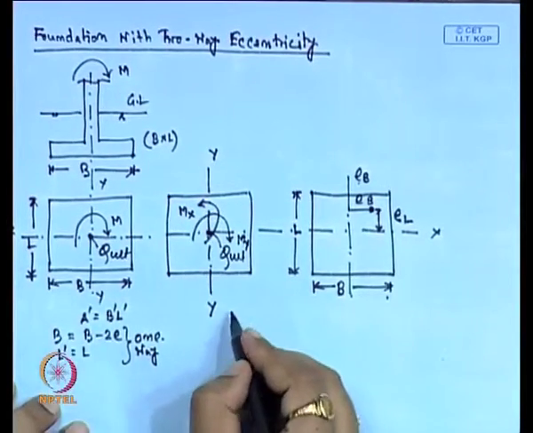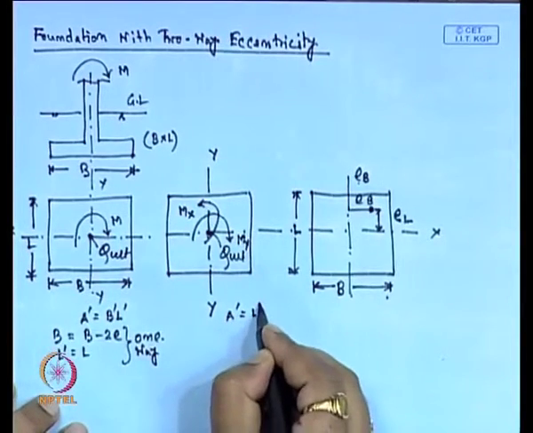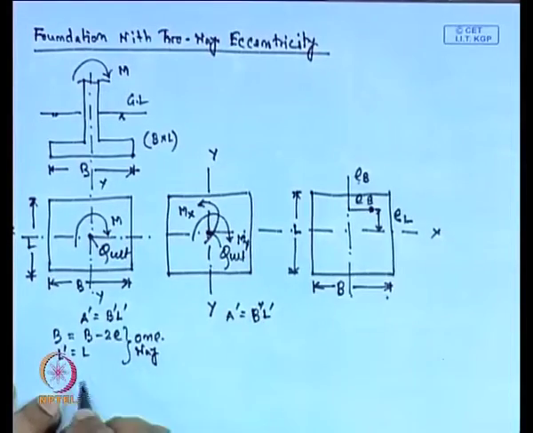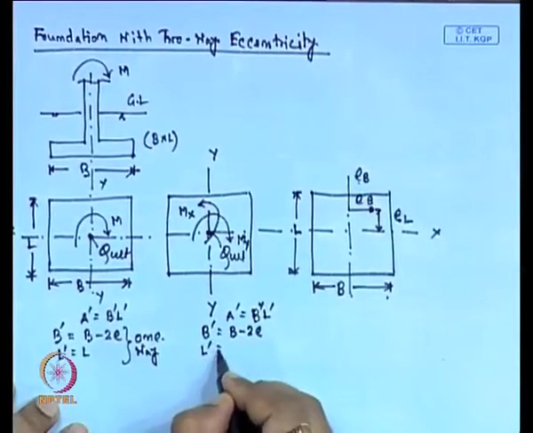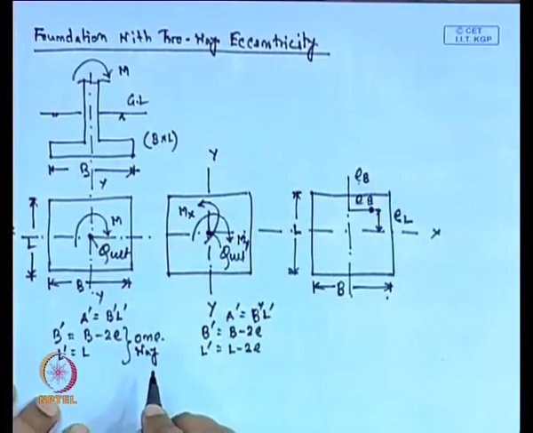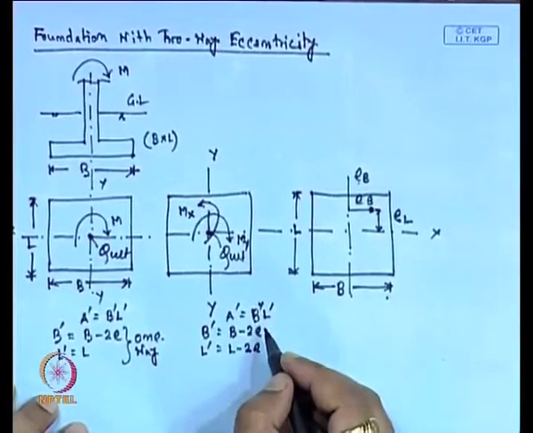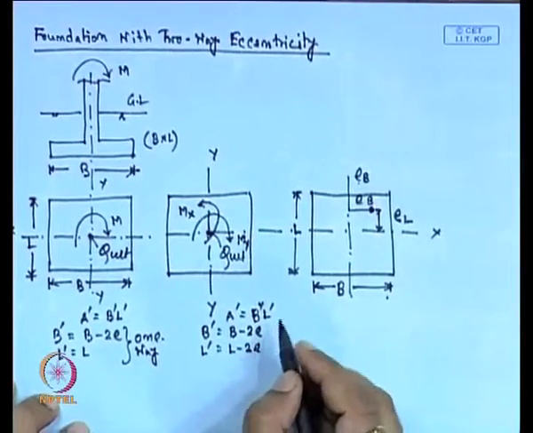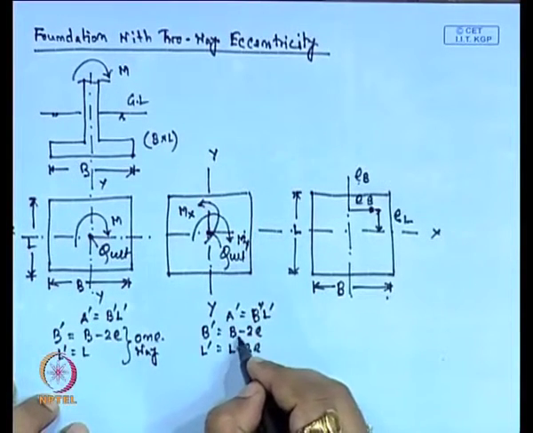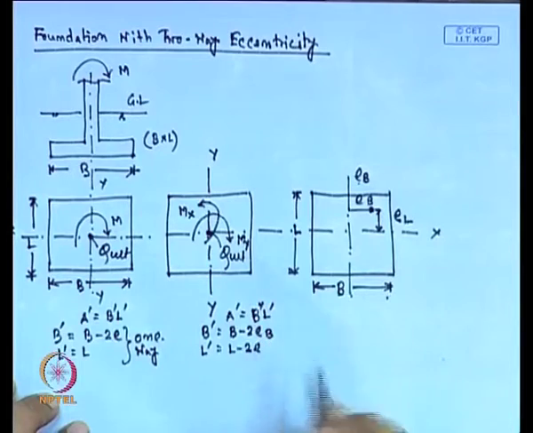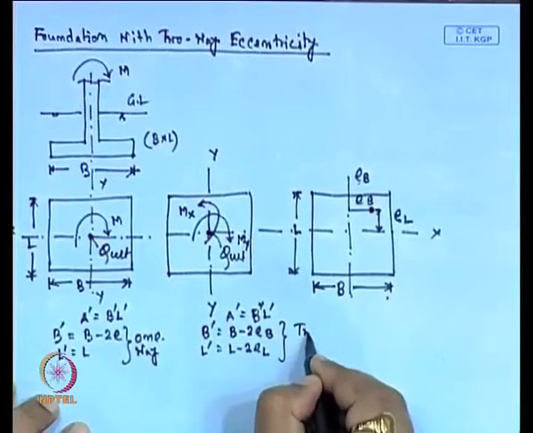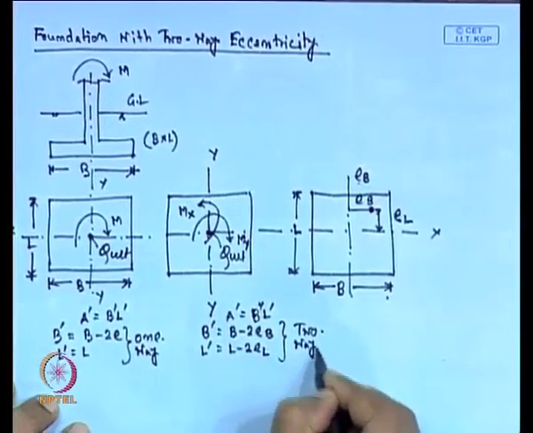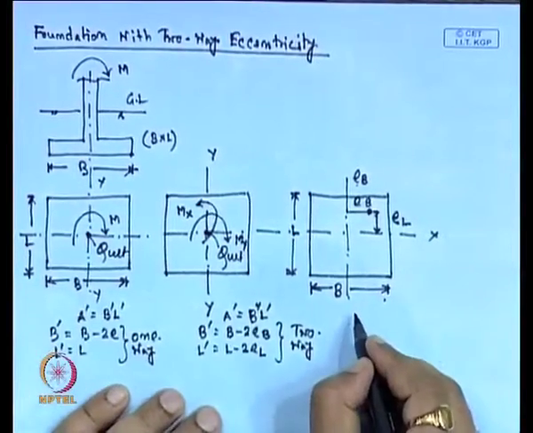Now, again for two way eccentricity also, the effective area A dash will be B dash into L dash, but here B dash will be B minus 2 e B and L dash will be L minus 2 e L. So, this is for two way eccentricity.